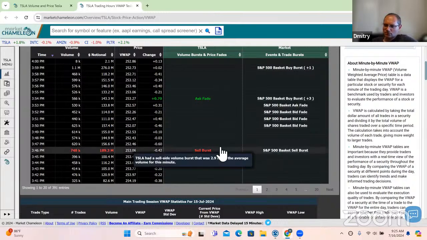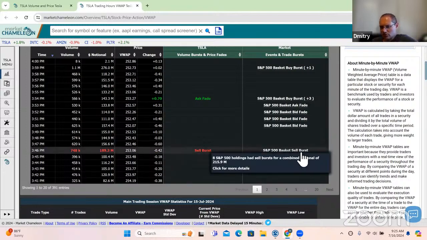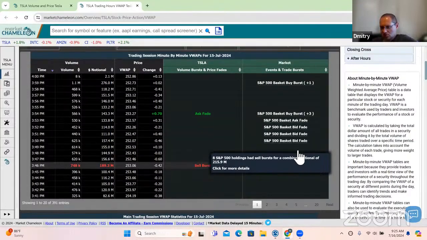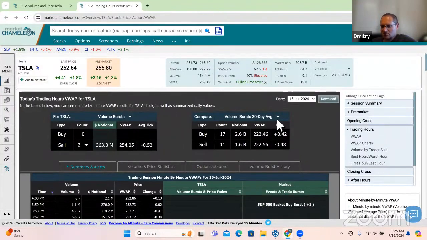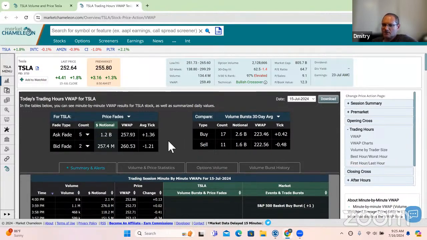So we left off with this last sell burst, and what I want to do is maybe talk about price phase. This is another event, but instead of looking at a big liquidity event like a volume burst, this is looking at a low liquidity event with a big price impact. Now we're going in the reverse.